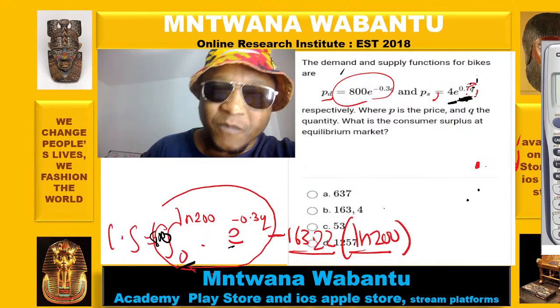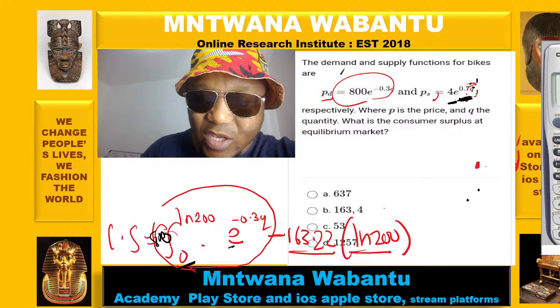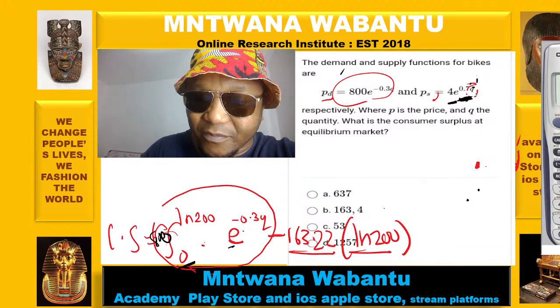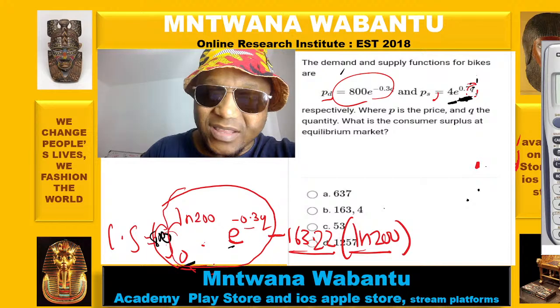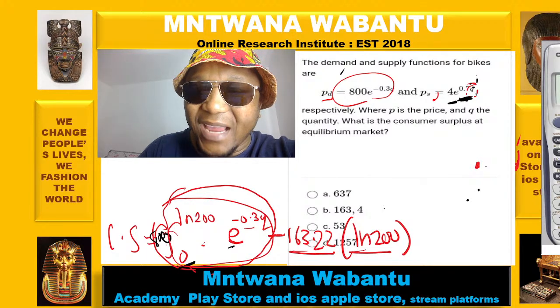Okay, so I take 800 behind, so just 800, and the integral of e to that power, minus that one. Now we can integrate this separately.